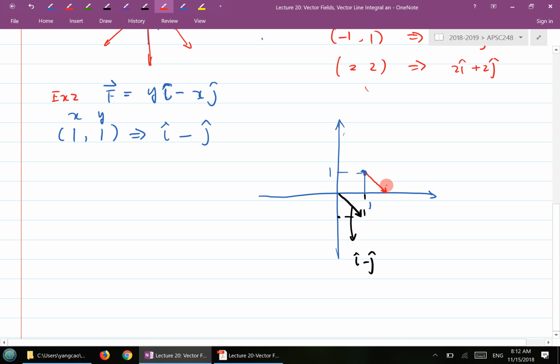So that's how you draw the vector fields, and you can literally come up with any numbers, okay, and then practice. So if you have a negative 1 point, you have a vector of what? x is negative 1, y is 1, so i hat plus j hat, right?